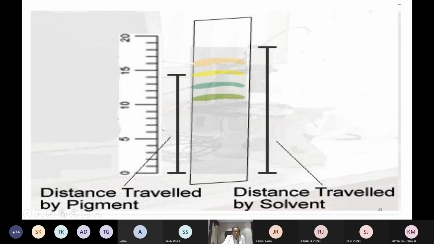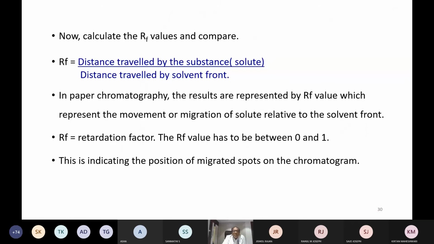Here you can see that this is the distance traveled by the pigment, and this is the distance traveled by the solvent, that is the one which you have put into the beaker. So you have to take the ratio of the distance traveled by the pigment, that is the substance, to the distance traveled by the solvent.